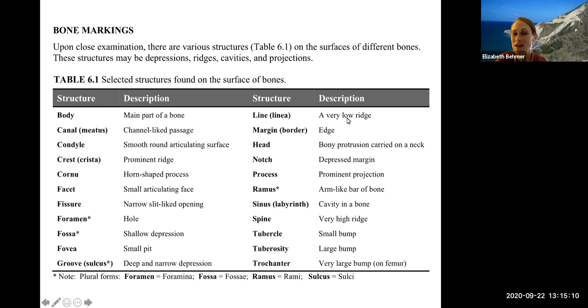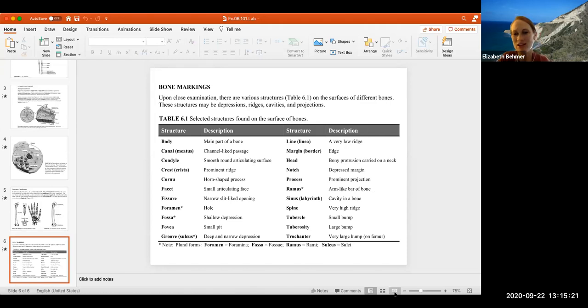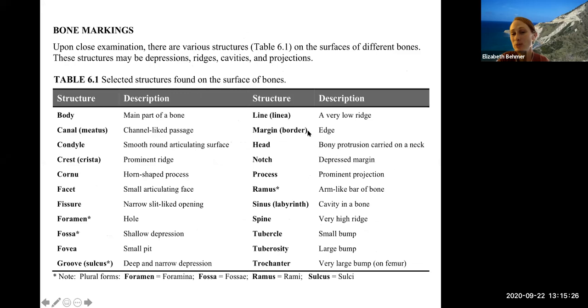A linea, or line, is a very low ridge. A margin or border will be an edge. So the scapula, your shoulder blade, will have different borders to it, and that's just the edge of the bone.